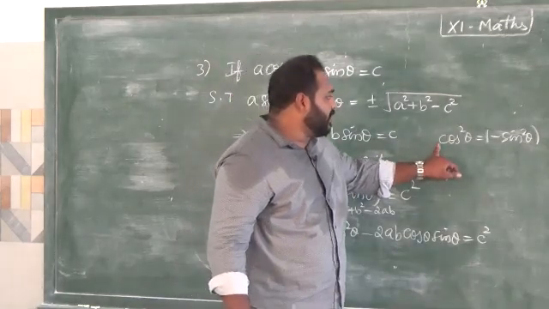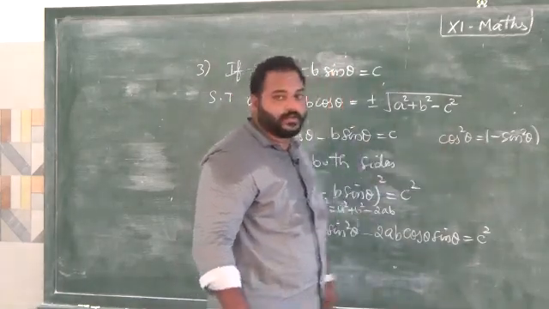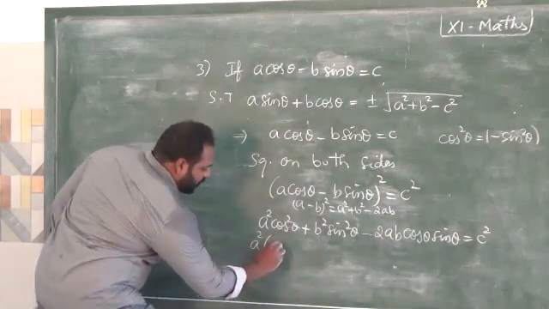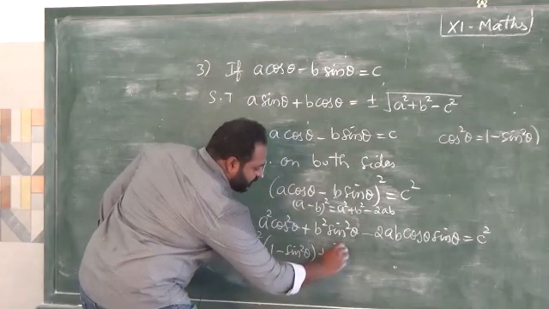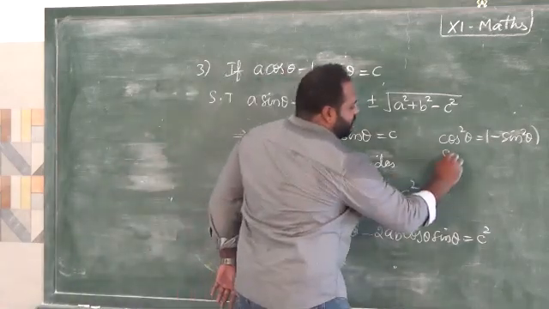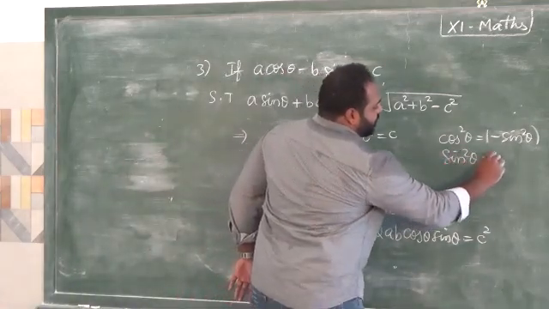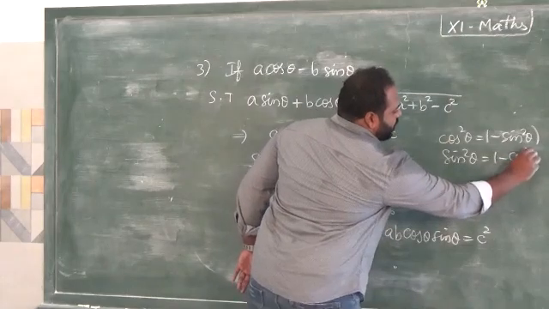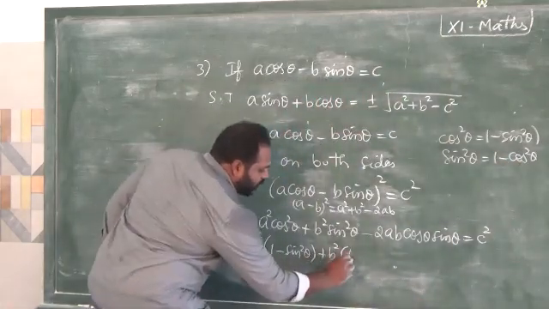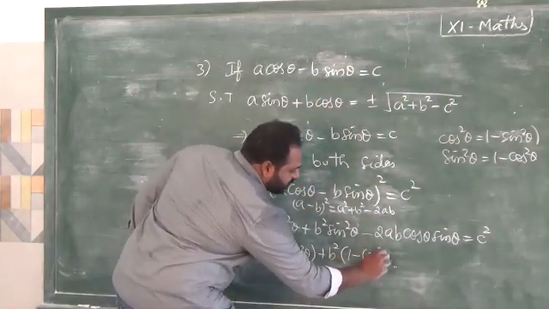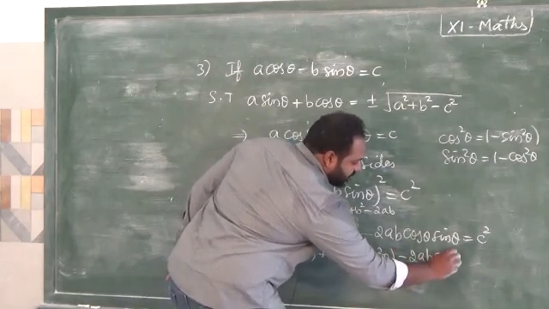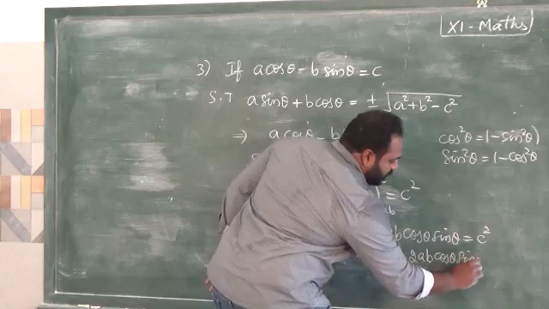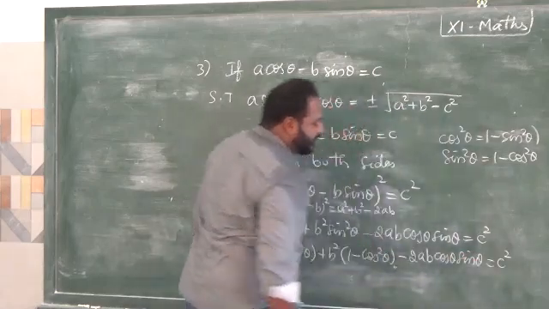So using that formula, I can write cos square as 1 minus sin square. So A square into 1 minus sin square theta plus B square into sin square theta can be written as 1 minus cos square theta. So 1 minus cos square theta minus 2AB cos theta sin theta equal to C square.